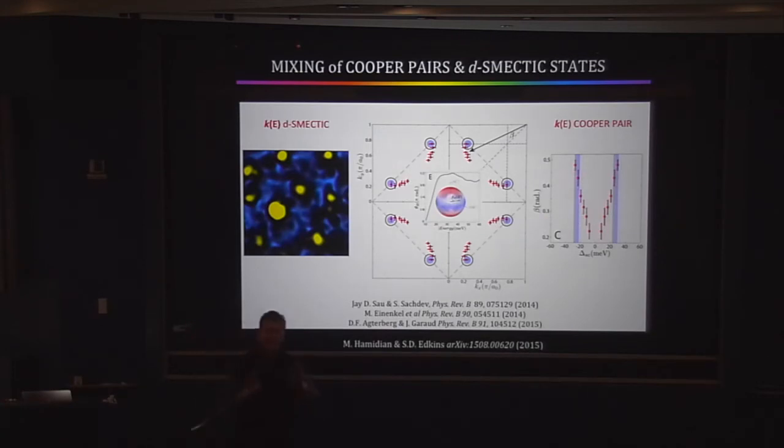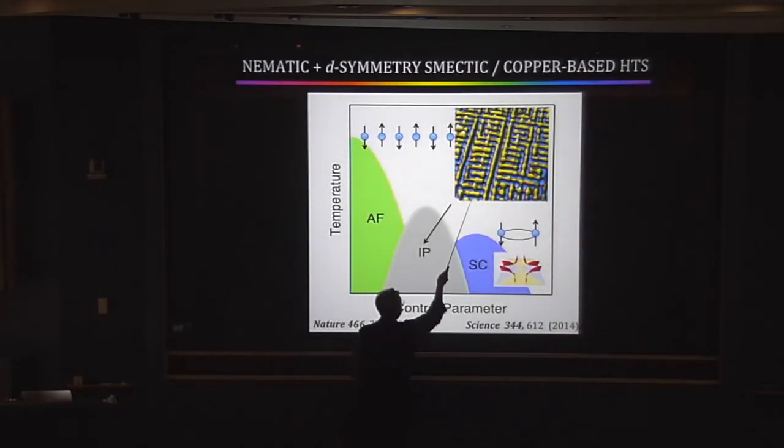So we don't think these two states are competing. We think they're almost degenerate solutions to the same Hamiltonian. That means that the problem we need to solve to get room temperature superconductivity is not to get rid of this stuff. It's to understand the fundamental Hamiltonian that is both producing this and the superconductivity, and then to control that in order to drive up the TC of the superconductor.